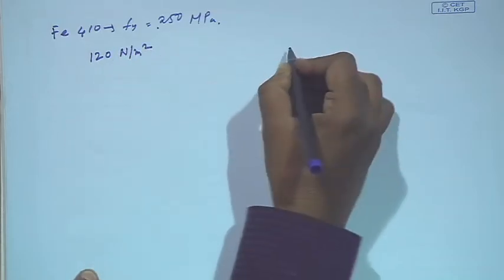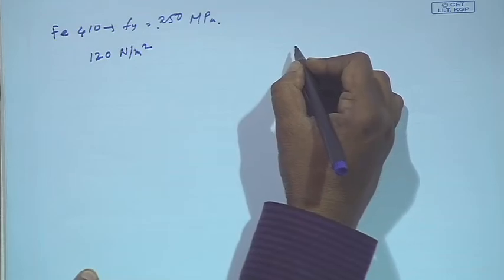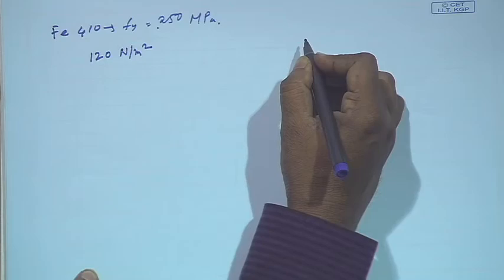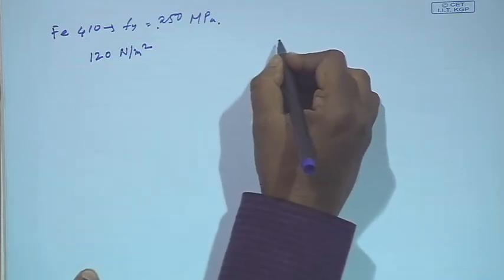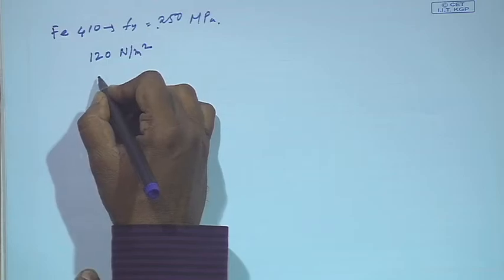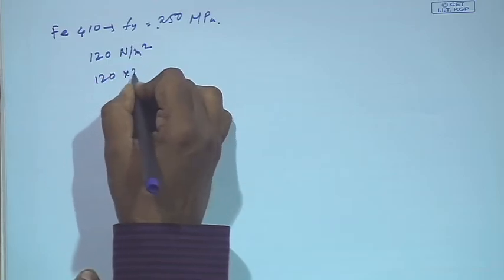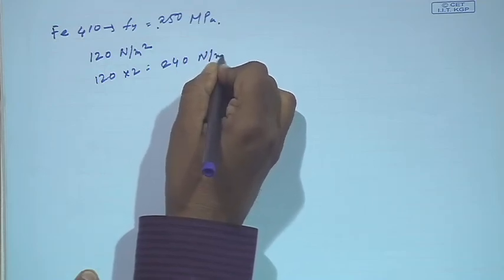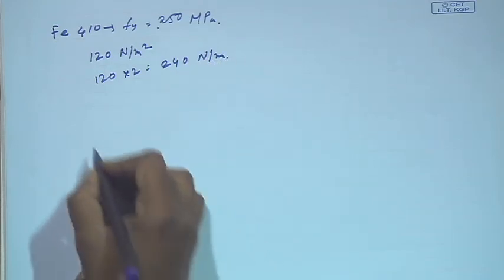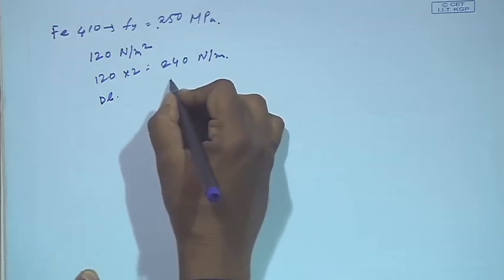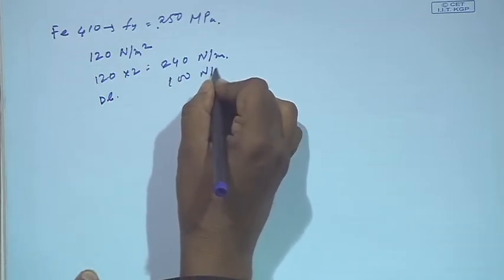That means, if the spacing of purlin is 2 meter, then the weight per meter length will be 120 into 2, so 240 Newton per meter. Also, we can assume some dead load of the purlin, say 100 Newton per meter.